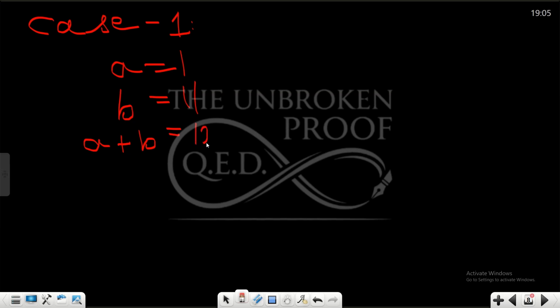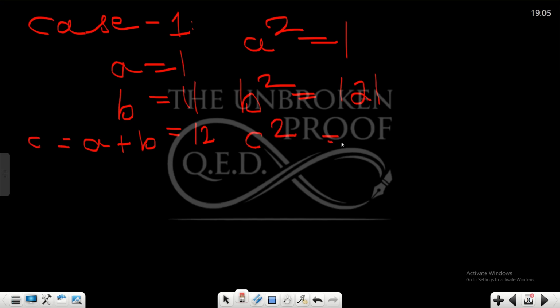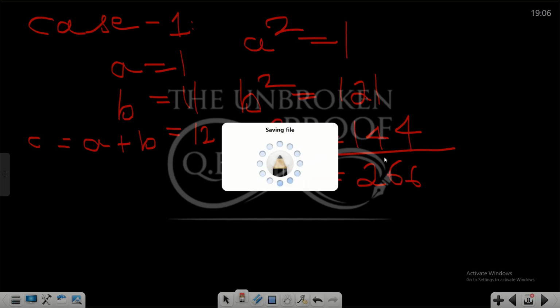How am I saying this? Because if you square these and sum them together, you will find it is going to be 266. a square is 1, b square is 121, and if I call this c, then c square should give you 144, and if I sum this up, this should give you 266. So clearly this is one possible case.